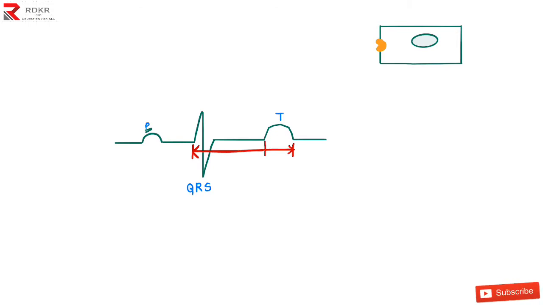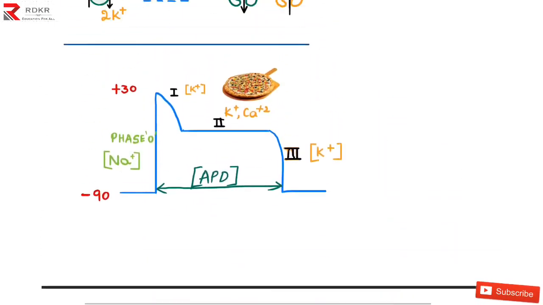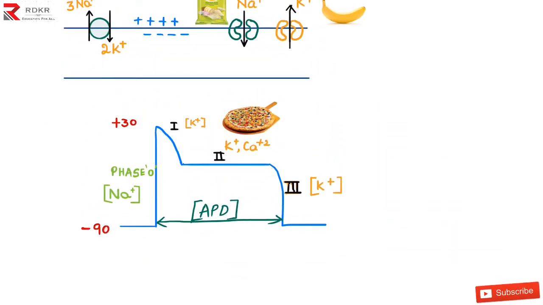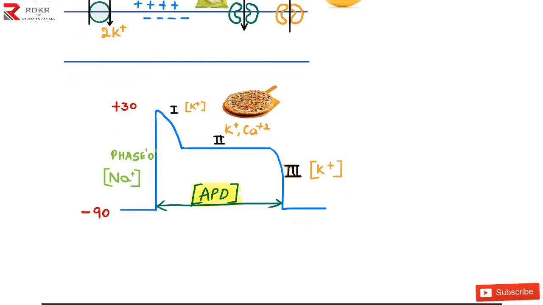So T is the ventricular repolarization, and this is the ventricular depolarization. So depolarization plus repolarization, this entire time duration, is the QT interval. Am I right? This is what we know as action potential duration. So action potential duration is nothing but the QT interval on the ECG.